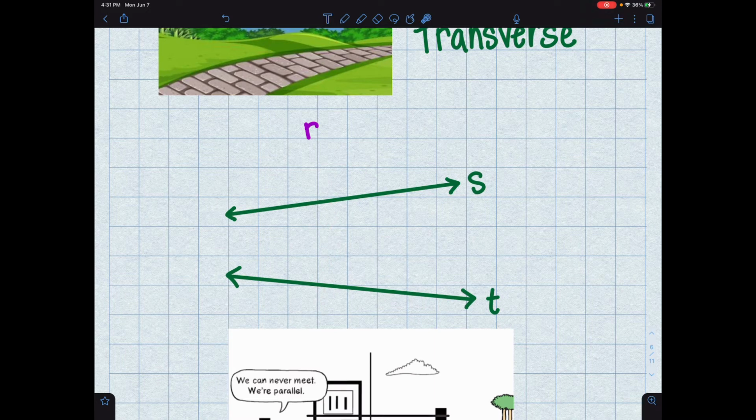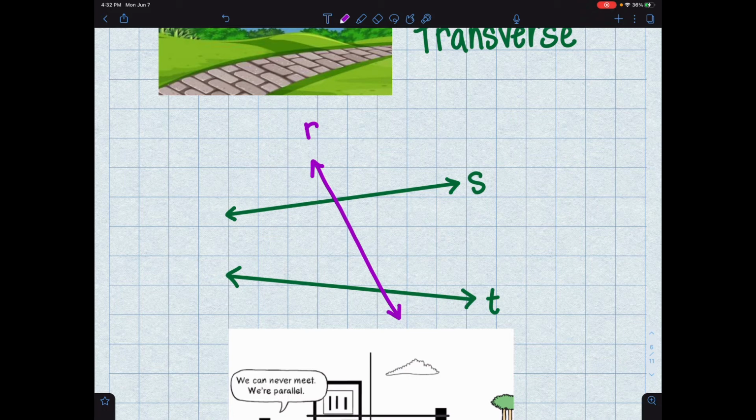Okay, so it's like having a line that does this. Okay, that's not a perfect line, but pretend that it is. Let's make it perfect. Let's see if the machine will make it perfect for me. It didn't. Oh well. Okay, I'll live with that.